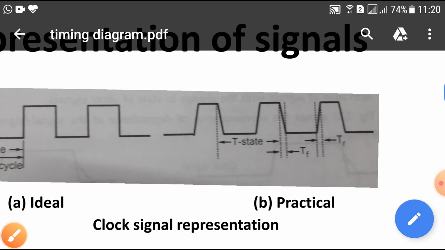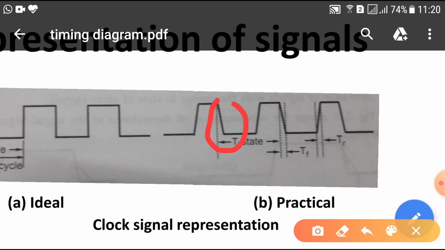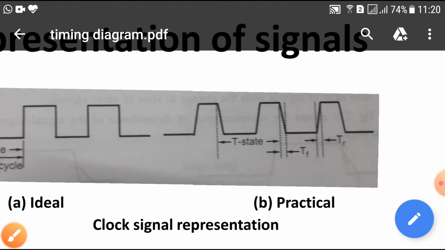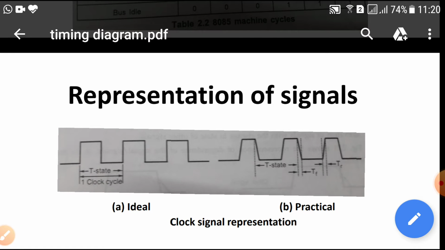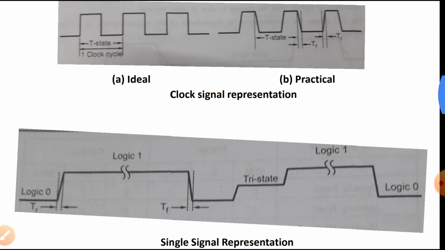This is the practical one, in which there are certain finite rise times and fall times. As you can see here, this is the rise time and this is the fall time. So this is about how the clock signals are represented.